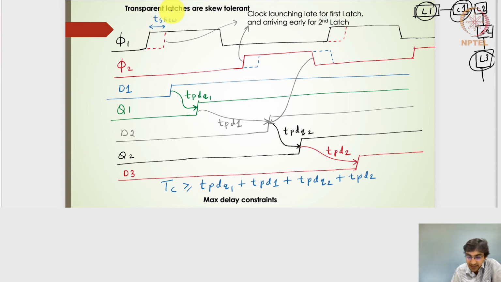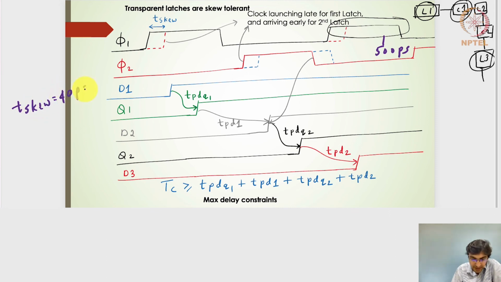But in this transparent latch, notice that the T skew will be around 40 picoseconds, while the clock level being high is available for around 482 or 500 picoseconds. So the phi 2 clock level high is close to 500 picoseconds, whereas the clock skew is around 40 picoseconds.